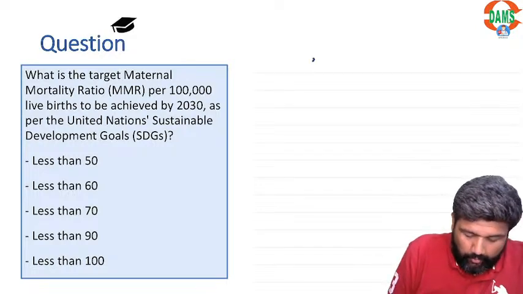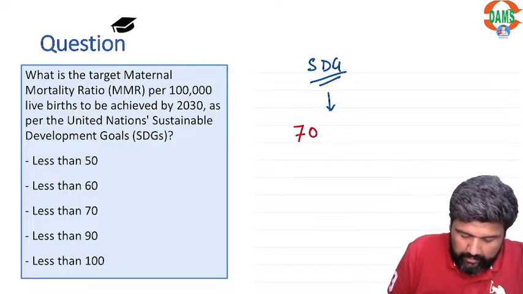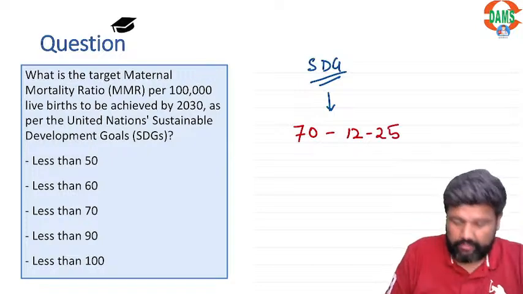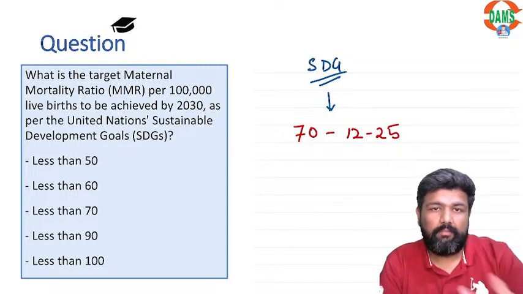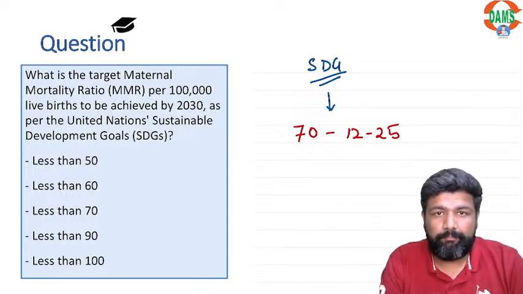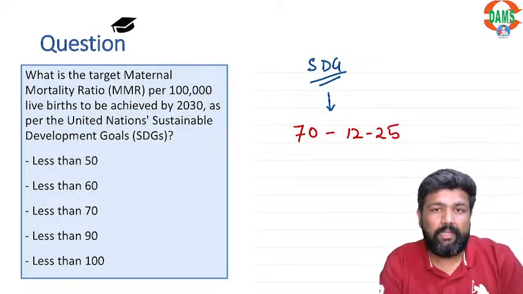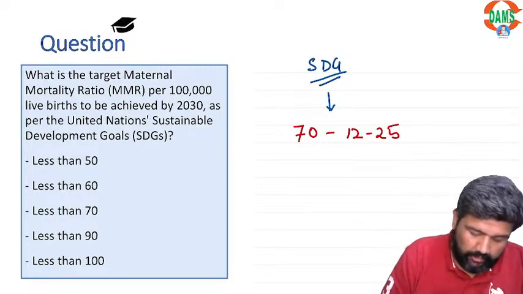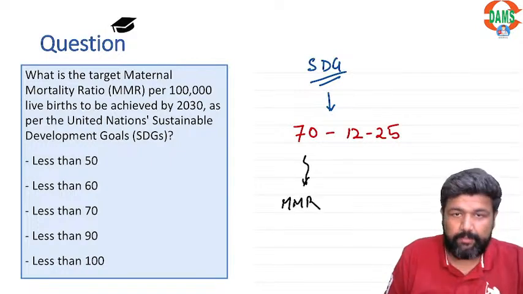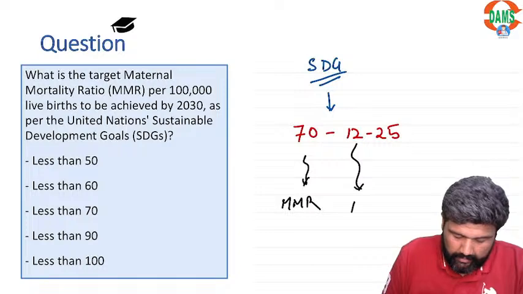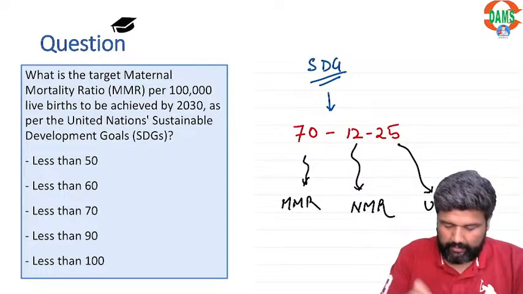Now guys, according to SDG, this is not a mnemonic, just numbers: 70, 12, 25. If you repeat the numbers with me 2 or 3 times, you will definitely learn it. I have seen students who attended my face-to-face class learning it in just a few minutes. 70 is MMR, 12 is neonatal mortality rate, and 25 is under 5 mortality rate.